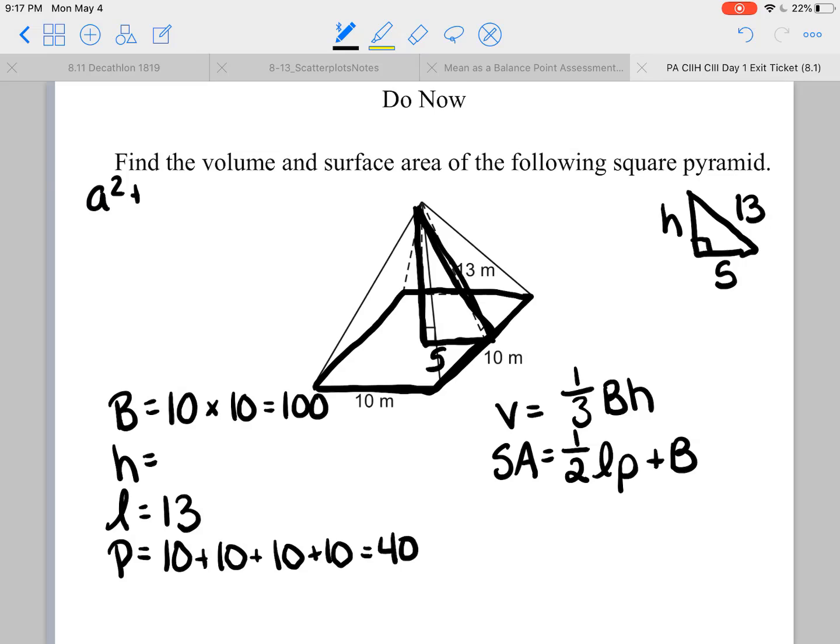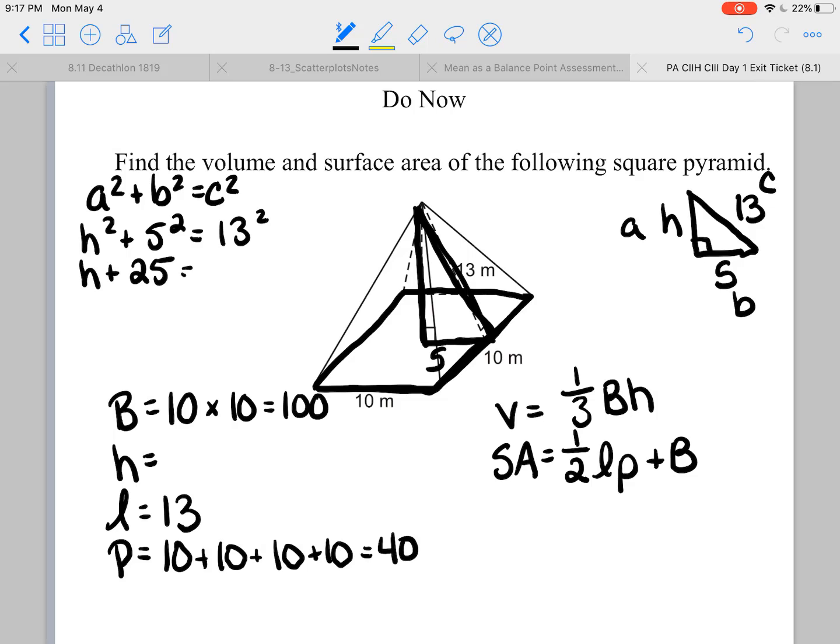We know that a squared plus b squared equals c squared. Our hypotenuse is c. Our legs are a and b. So we have h squared plus 5 squared equals 13 squared. So h squared plus 25 equals 169. And h squared is equal to 144. So h is equal to 12.